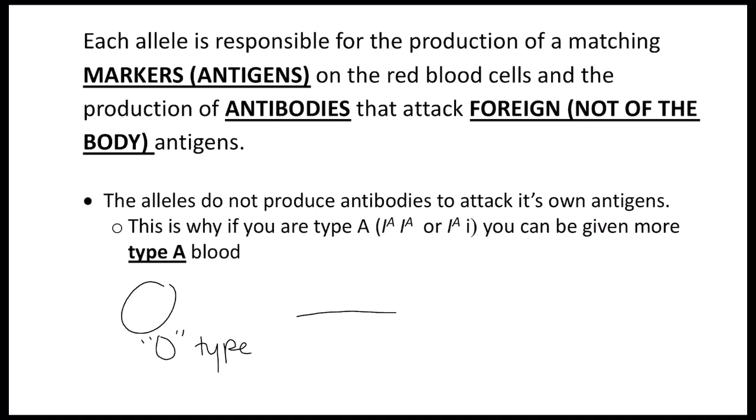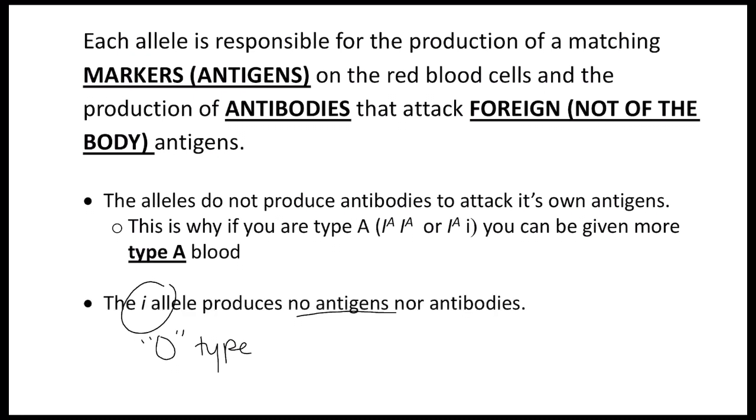So this is why if you are type A, which is I capital A, I capital A, or I capital A lowercase i, you can be given more type A blood. So there's multiple options essentially. So we have antigens on the outside of red blood cells so that the body recognizes its own blood type. And we have antibodies that recognize and attack antigens from elsewhere.